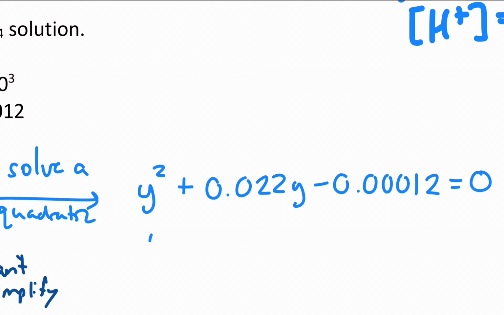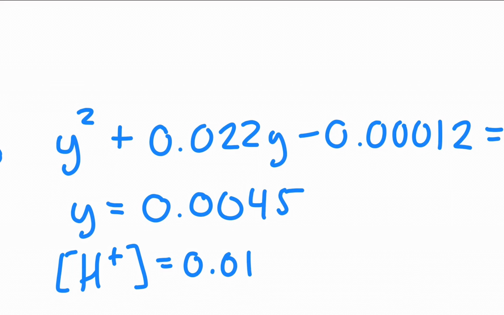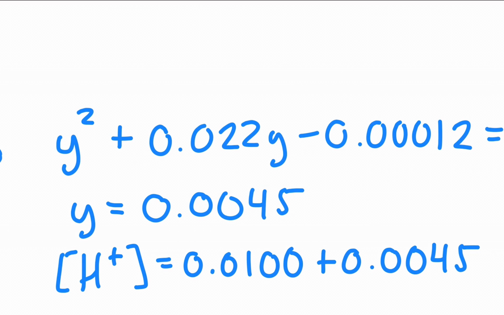And if you solve that quadratic, you get a root that makes sense. It's 0.0045, which means our H plus concentration, which is 0.0100 plus 0.0045. Aha, we're doing addition.